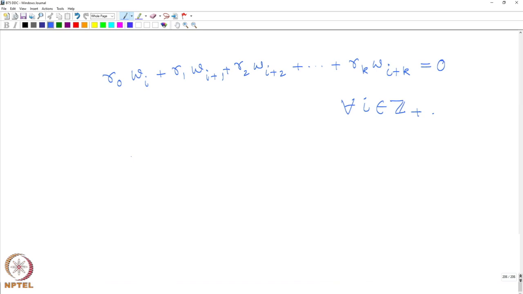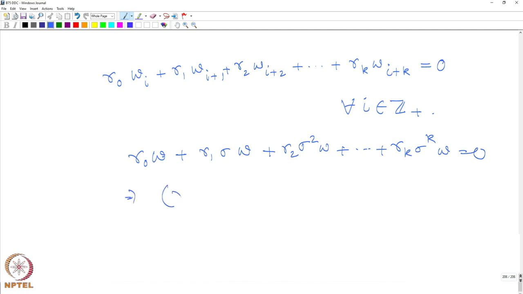What does this mean? This means R0 W plus R1 sigma W plus R2 sigma square W plus dot dot dot up to Rk sigma to the power k W is equal to 0, which would then mean that R0 plus R1 sigma plus dot dot dot Rk sigma to the power k, applied to W, is equal to 0.